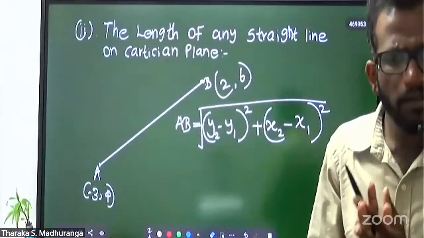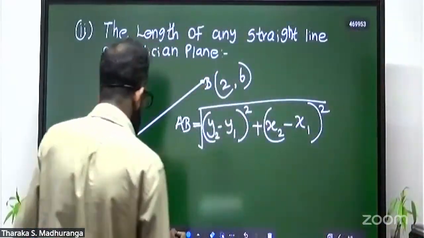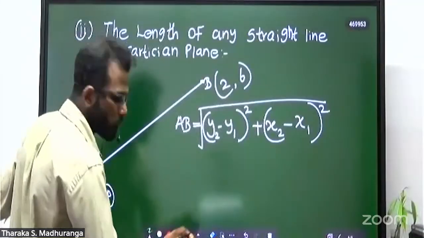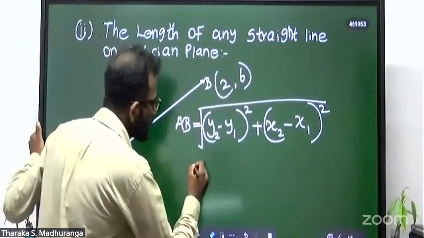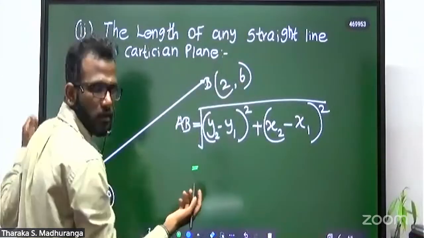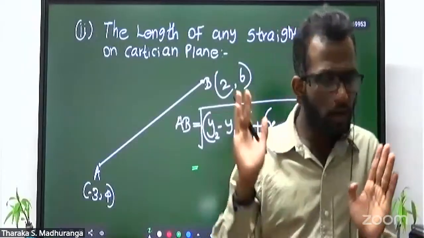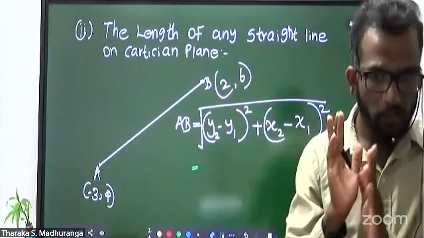You can see it is the same as the Pythagoras theorem. Understand how to use this equation. y2 minus y1 means 6 minus 4. First of all, you need to select which is the two side and which is the one side. You can't change that.